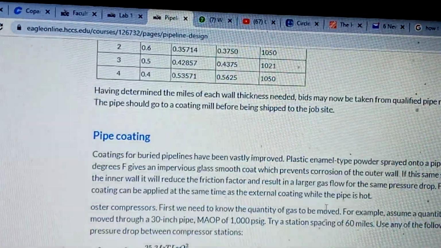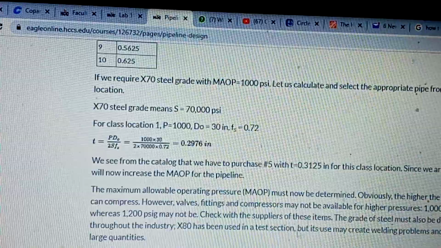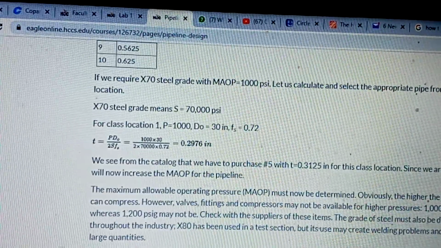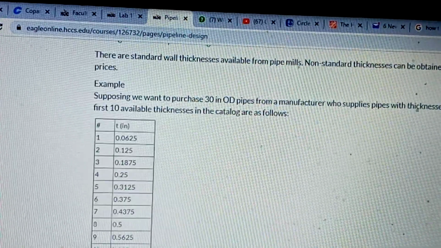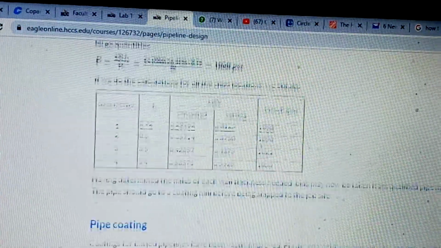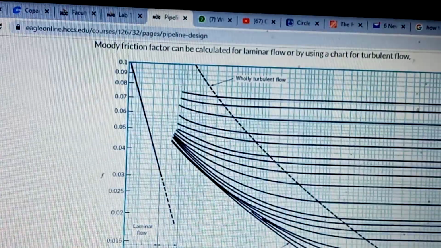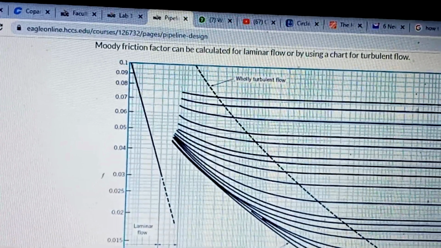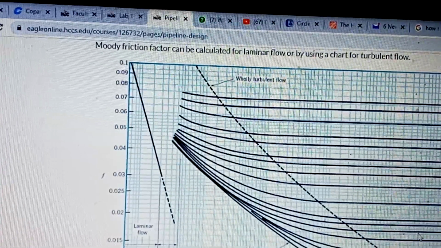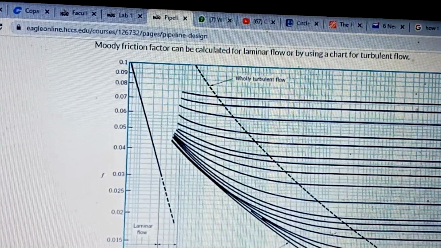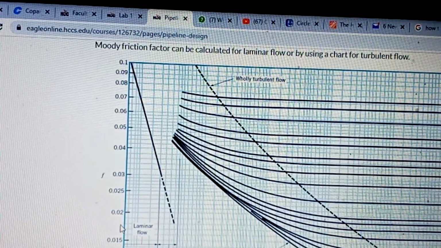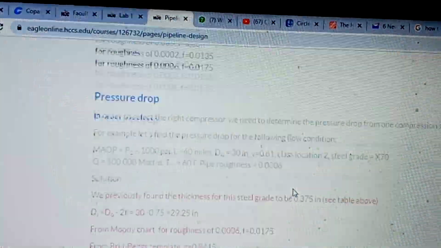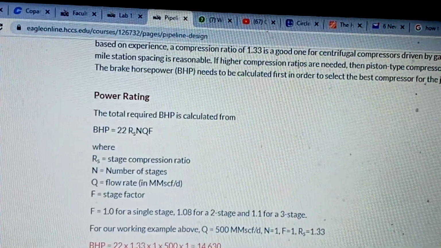I'll upload one that's going to show you that later on. So if I trace 0.006 from the right to the left, I read here 0.0175. Okay, so that's the friction factor. Let me go back to my template.